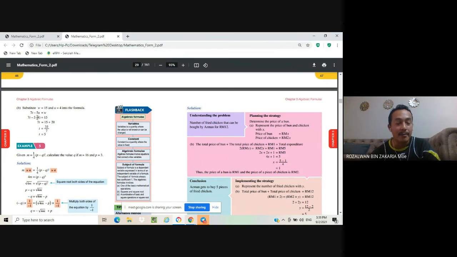When you do an operation with plus 20 on your left side, your right side also needs plus 20. That's why here is 15 plus 20. Understand? So here we just write 7T because this one is already 0. 7T equals 15 plus 20. Or in the simplest way, you just remember that when this minus 20 moves to your right side after the equal sign, it will become positive 20.